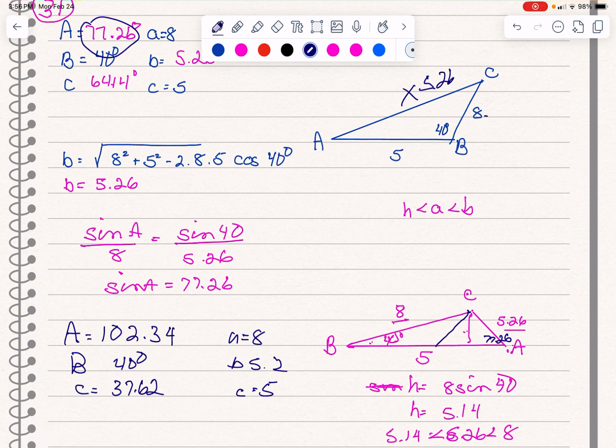Then H is less than A, which is less than B, and so you needed to use the other case. Number 36 is like that too. It's not like the first part of this, where you don't use the cosine law; you just use the sine law, but A and B are in the opposite places. I included an old video in your homework about switching the A and the B, so you can look at that if you need more understanding. Okay, I hope that helps you do better. Thanks.